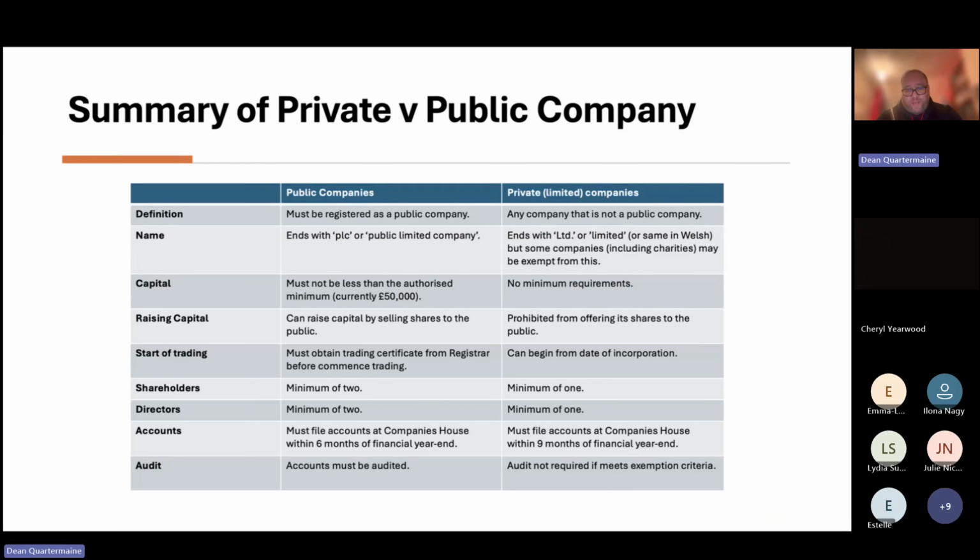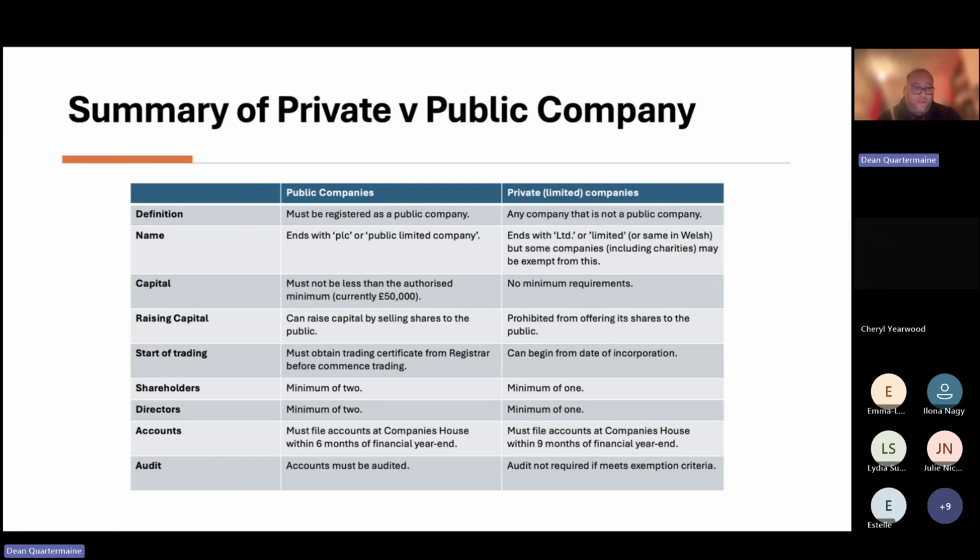In terms of your accounts, if you're a public company, you must file at Companies House within 6 months of the financial year end, and private companies within 9 months. I just want to pick up on that point. The main reason for that is a public company is far bigger. It's got more resources, probably a dedicated finance team. Limited companies come in all shapes and sizes.